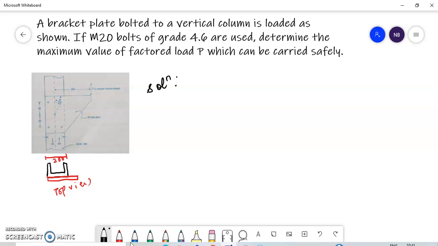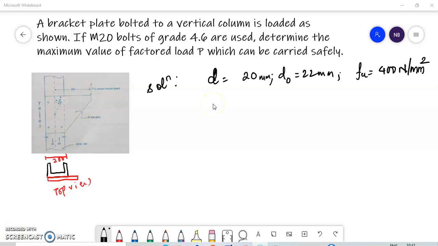We've been given M20 bolts of 4.6 grade, so we know that the nominal diameter is 20 mm, the diameter of the hole is 22 mm, and the ultimate strength of the bolt is 400 Newton per mm square.